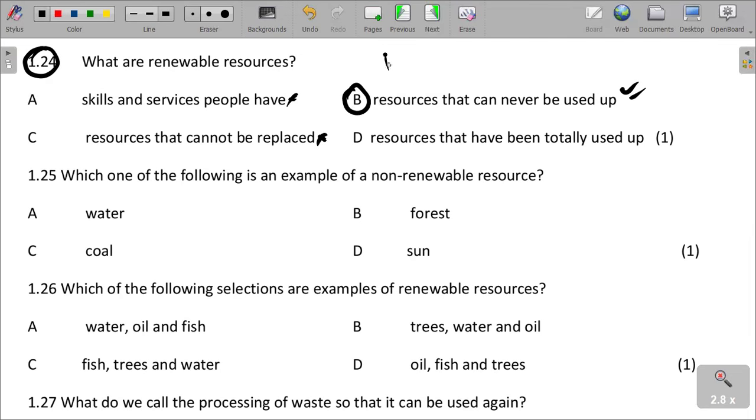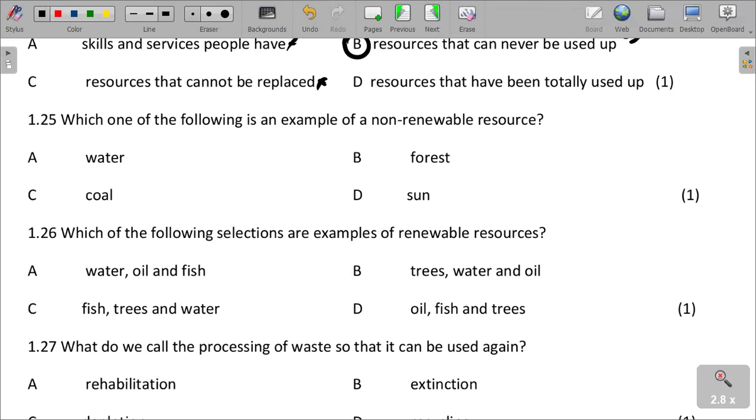Which one of the following is an example of a non-renewable resource? A non-renewable resource can be something that can finish. Water, we have our water cycle, our forest, our sun. A non-renewable resource is coal. Coal is a non-renewable resource.